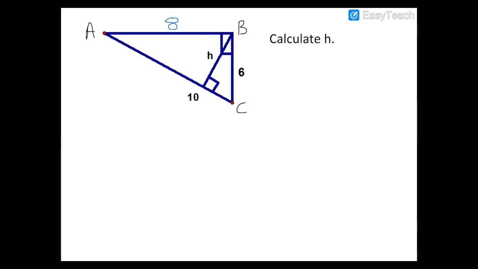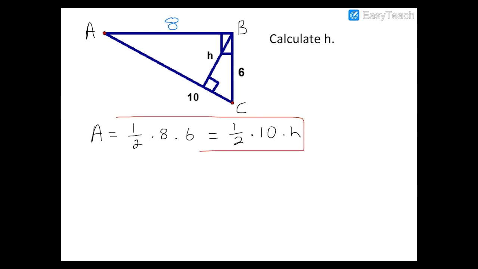If we take the area of the entire triangle here, the area is equal to half base 8 multiplied by perpendicular height 6. But we can also write this as half, the base is 10, and the perpendicular height is h. And from this, you just solve for h.